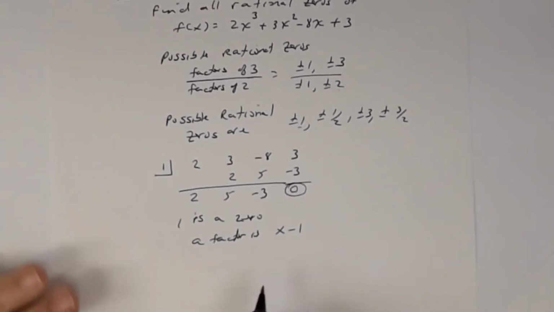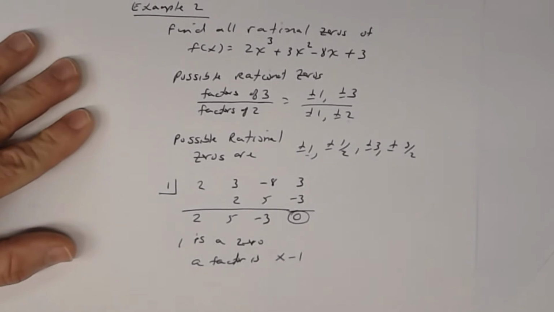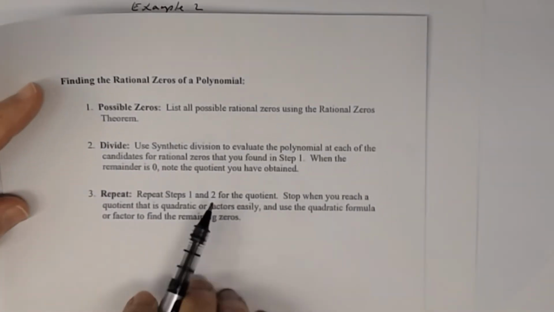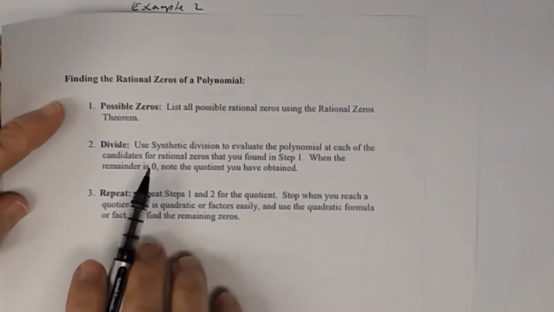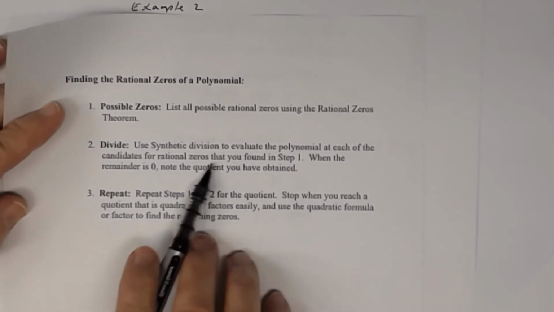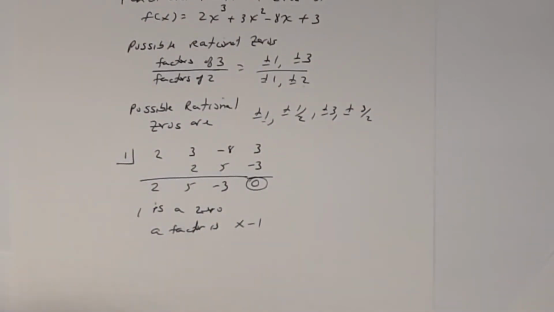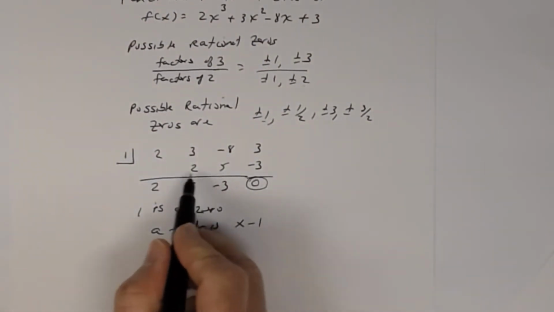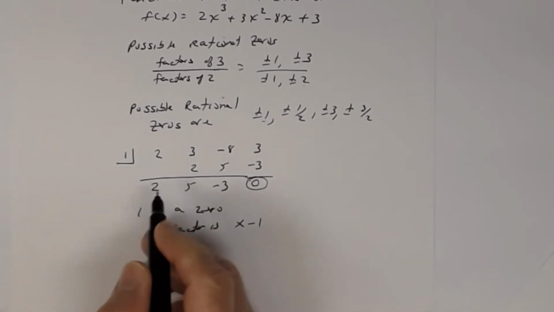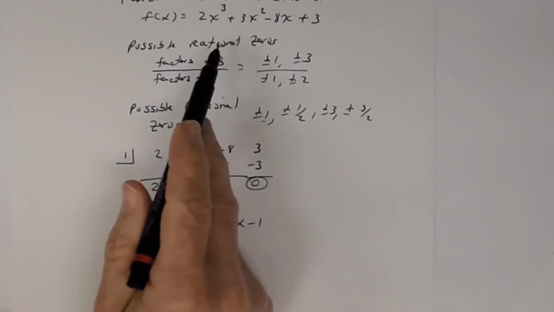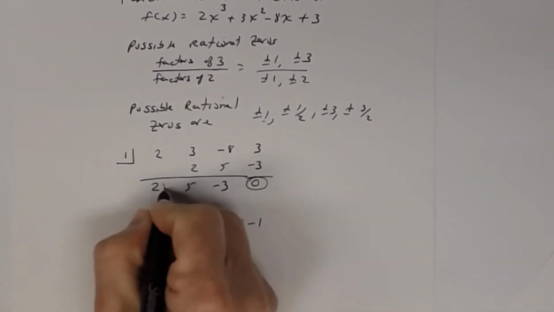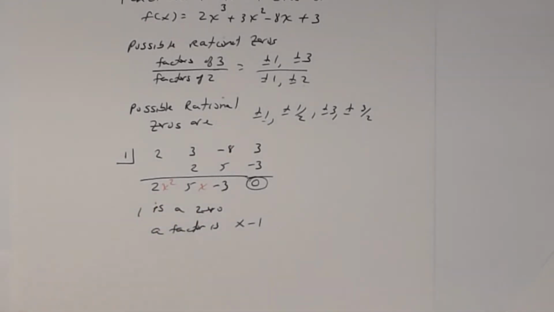Okay. All right. So now what we're going to do, since we found a 0, let's look at the quotient. Now remember, this is cubic. So what that means is that this will be your quotient right here. Since that was x cubed, then this has to be x squared, and this has to be x, and there's your constant.